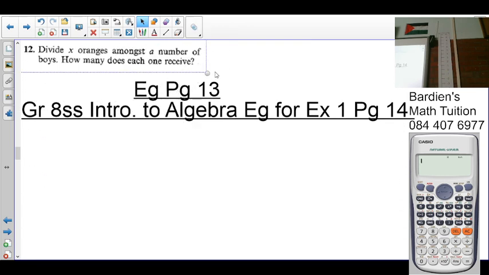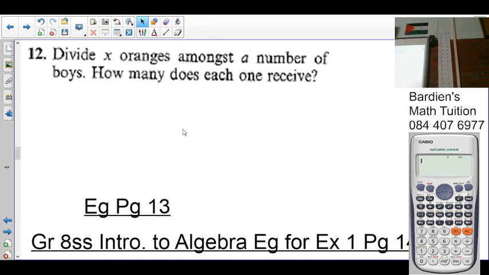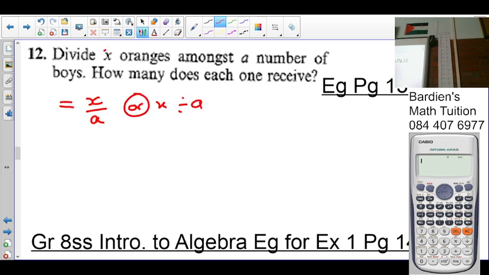Then in number 12 we are told, divide X oranges amongst a number of boys. How many does each one receive? So what would the expression be? X over A, or I could have said X divided by A. If you had 50 oranges divided by 10 boys, 50 divided by 10 would give you 5 oranges per boy.